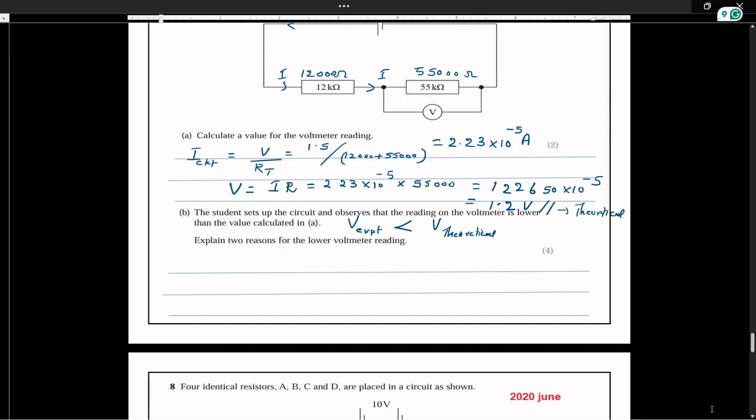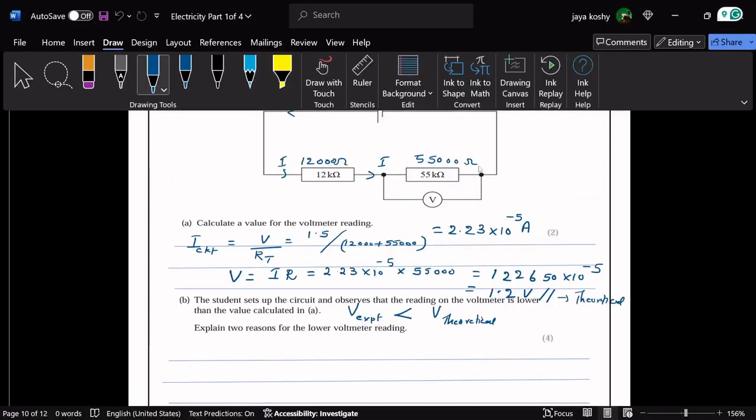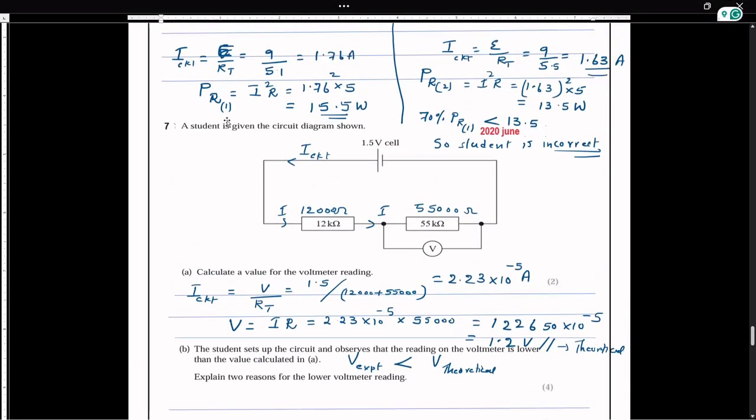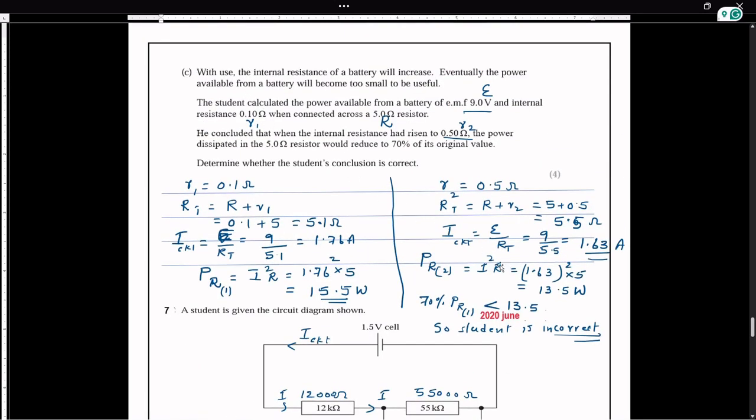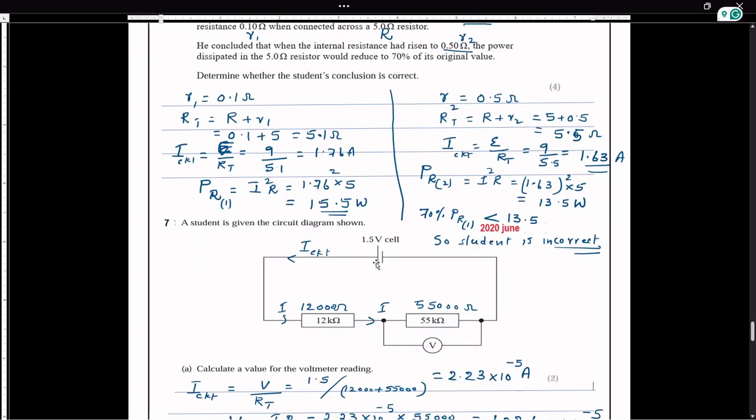Now see here, while calculating the voltage, we have not considered the internal resistance.